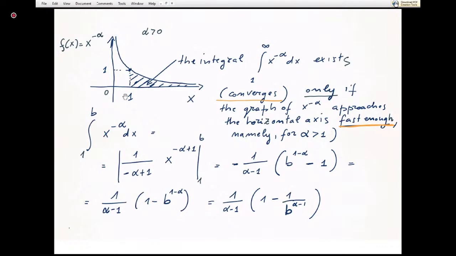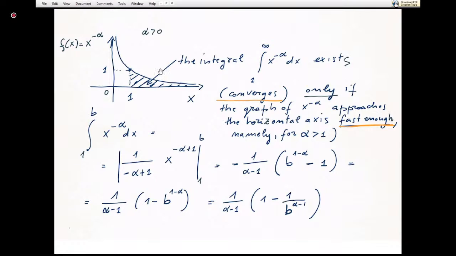As x tends to 0, the graph tends to the vertical asymptote to plus infinity, basically. As x tends to infinity, the graph tends to 0. All have the same graph, qualitatively. The only difference is, let's say, the speed with which this branch of the graph approaches 0.